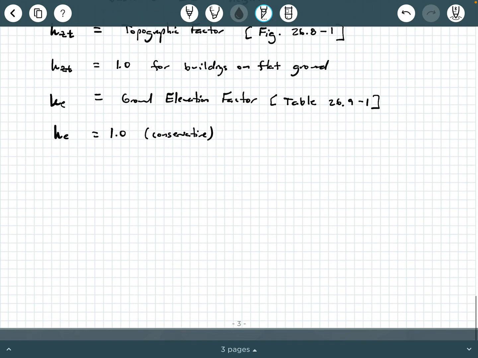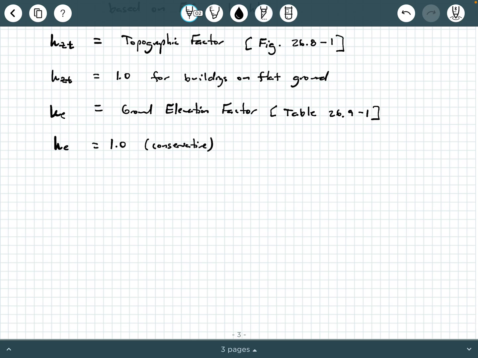Let's keep talking about some other important definitions. A lot of our methods in wind load analysis have to do with how tall the building is. In particular, a lot of things either simplify or have their own set of rules if you have a low-rise structure.